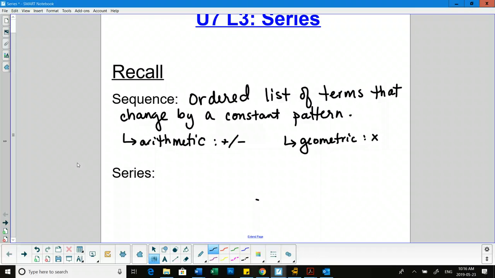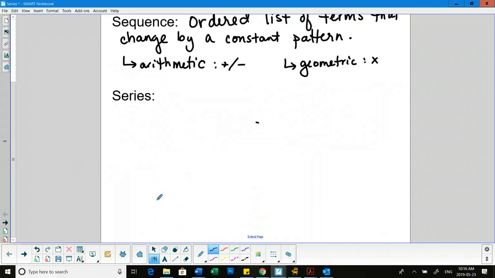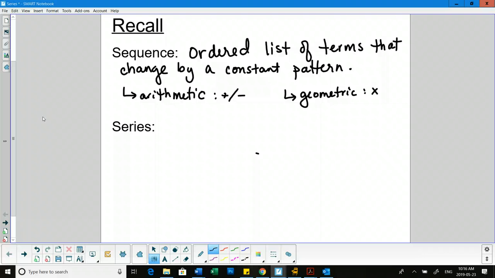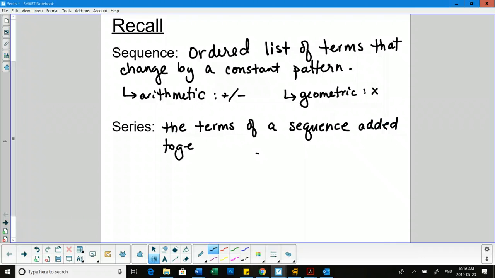And then now we're getting into some series questions, and a series is kind of based on a sequence, but it's the terms of a sequence added together. So sometimes when you see a list and it's talking about a series, you'll see plus signs in between all of them to show that addition is happening.